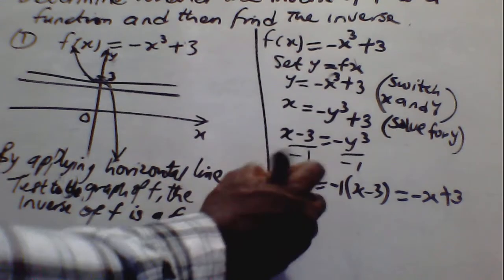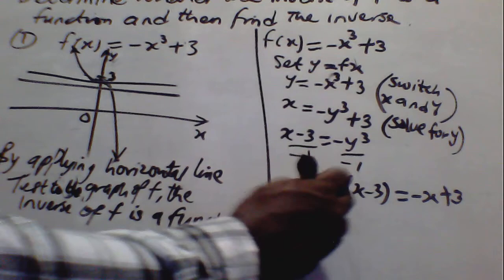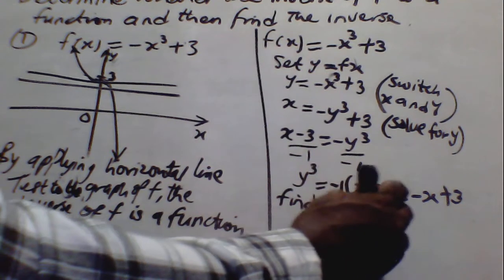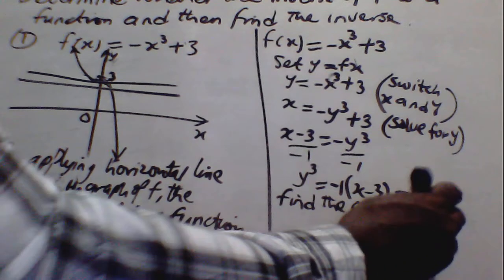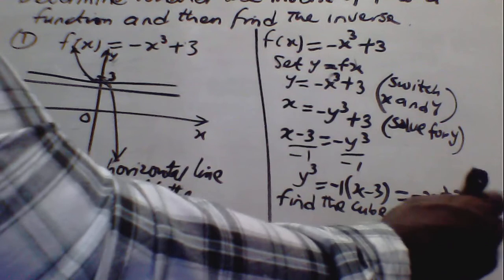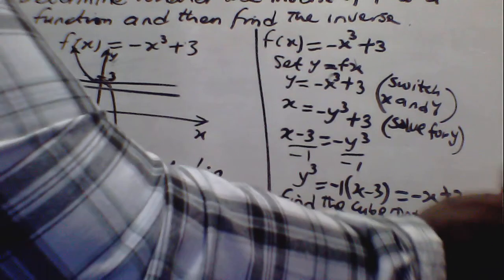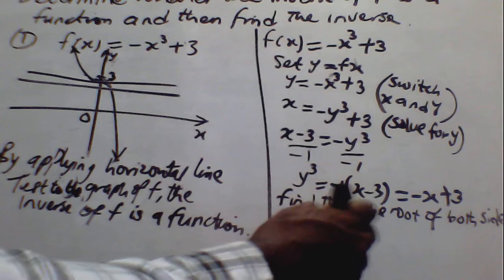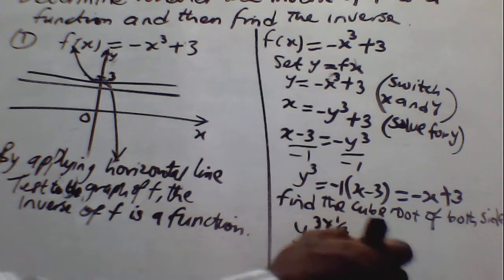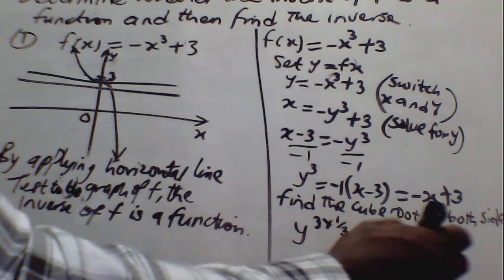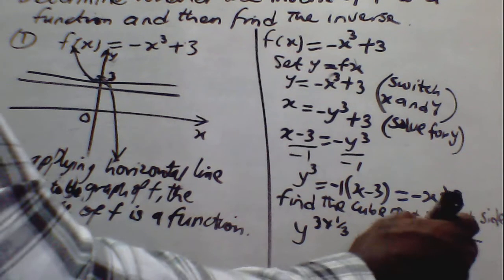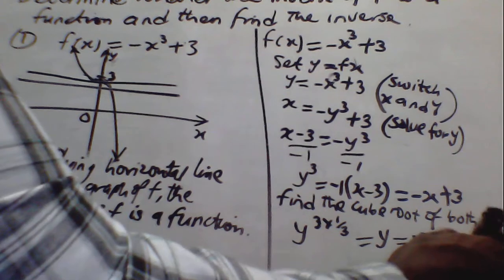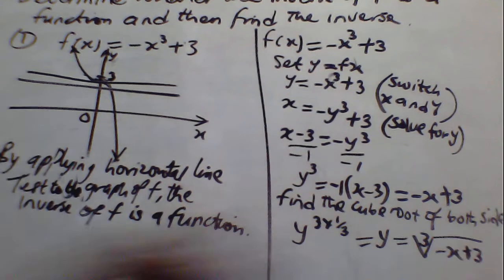So find the cube root of both sides of the equation. You have y raised to power 3 times 1 over 3, because you are looking for the cube root, and y equals the cube root of minus x plus 3.